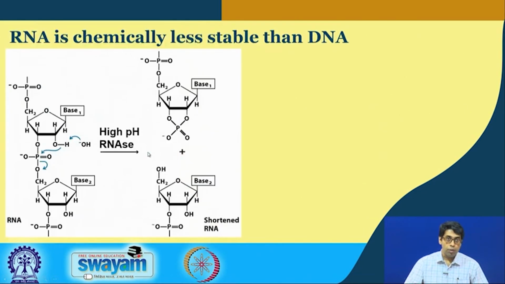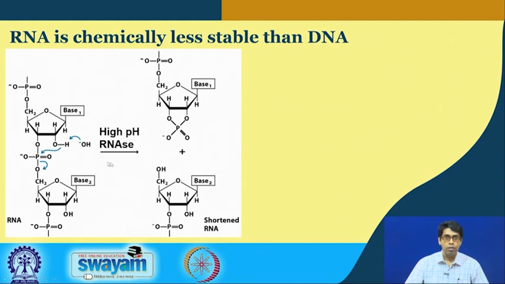We also learned that RNA is chemically less stable compared to DNA because of the presence of this OH group at the 2' position. If the pH of the solution is high, then this hydroxyl group can attack, resulting in a disruption of the phosphodiester linkage, so that this linkage is broken and the RNA chain is also broken.